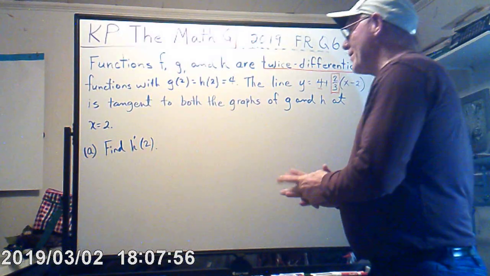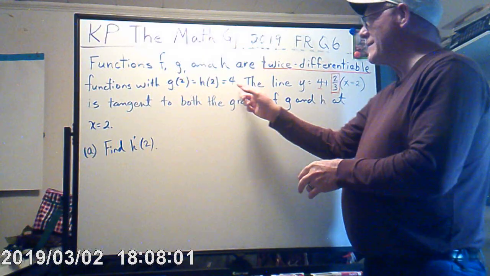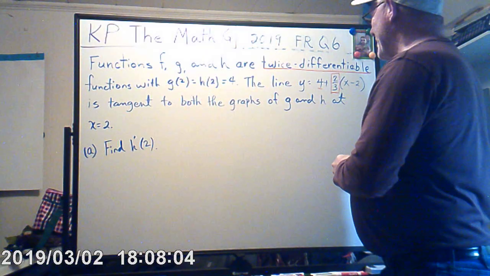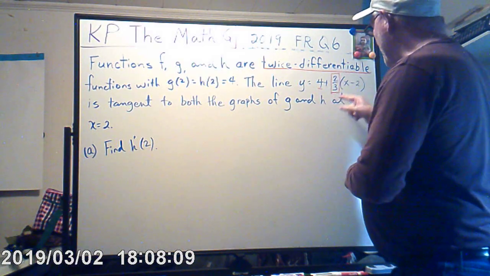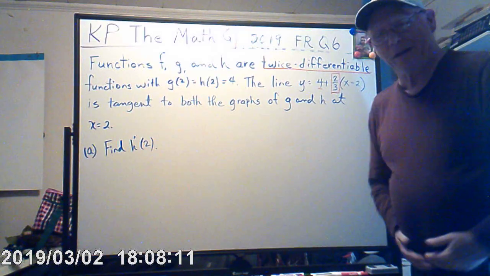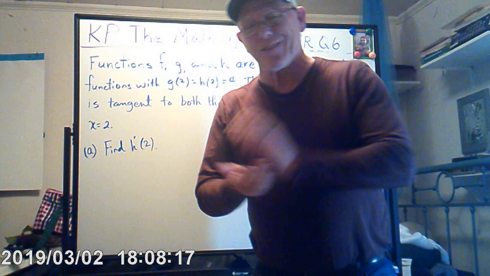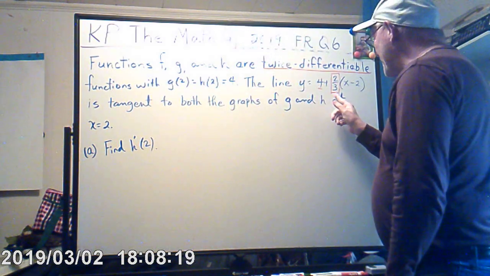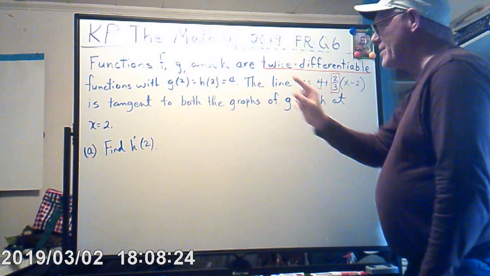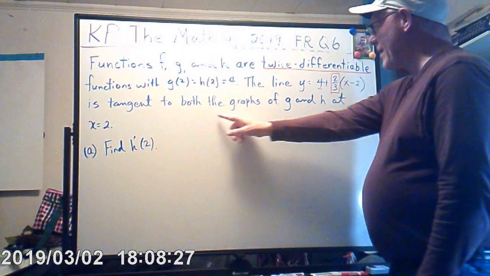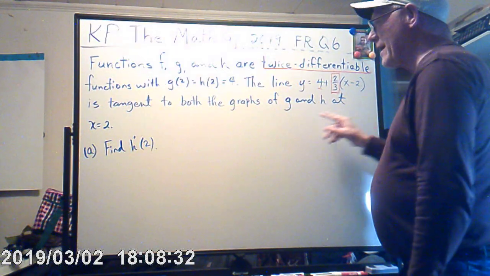And we have g at 2 equals h at 2 equals 4. So both of these are equal to 4, and the line is y equals 4 plus 2/3. Why did I box in 2/3? I would think you would know that that's the slope of this line. So this line is tangent to the graphs of g and h at x equals 2.